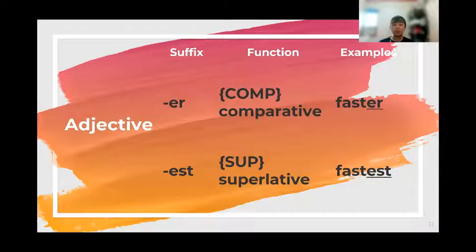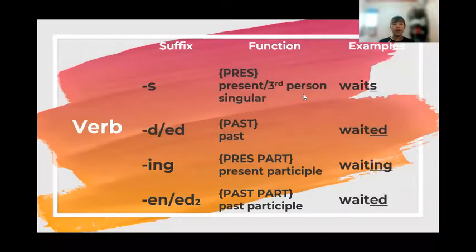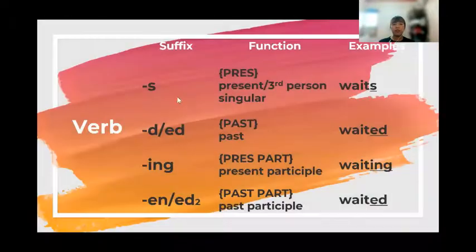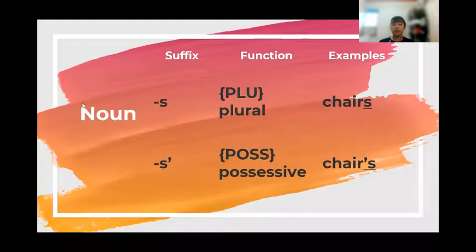And when it is an inflectional morpheme, the part of speech does not change when any of these 8 morphemes is used. So for example, for verbs, if you add any one of them, it's still going to be a verb. If there's a noun that added S or S apostrophe, they are still going to be a noun.